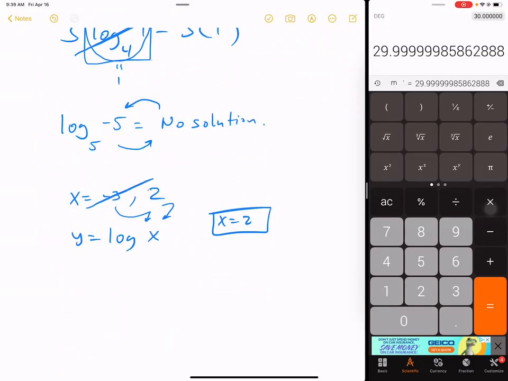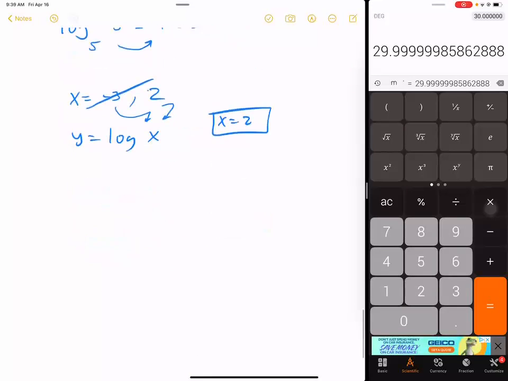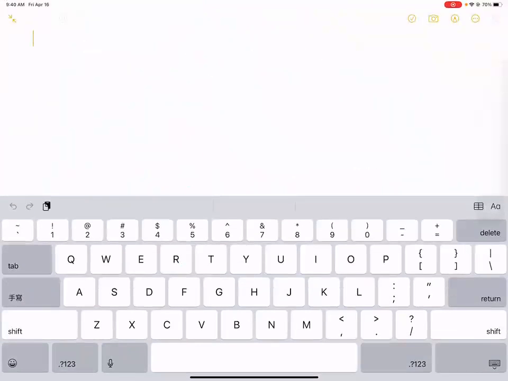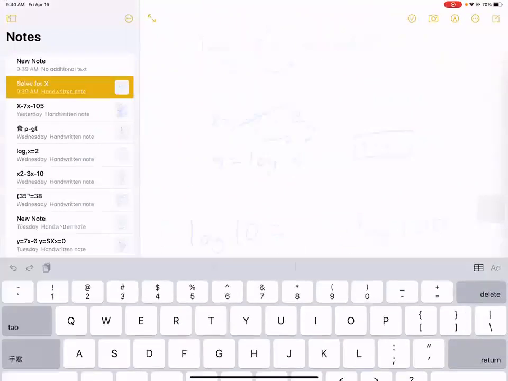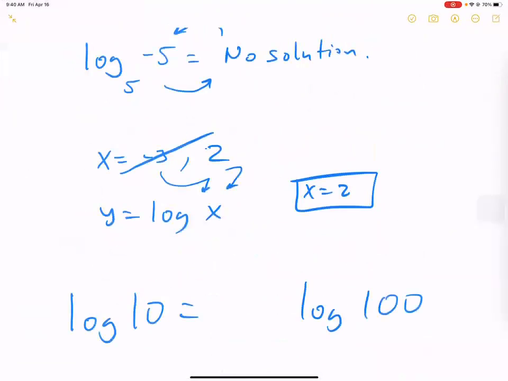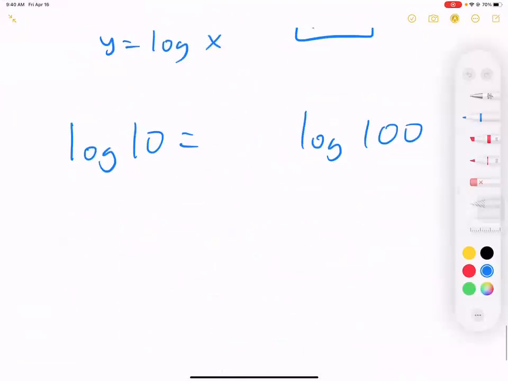And then the last part is just again on your Excel, just working on some questions. If I say log of 10, log of 100, what type of log is this if I don't have a base? What's the invisible base? Hopefully you remember. The invisible base is 10.